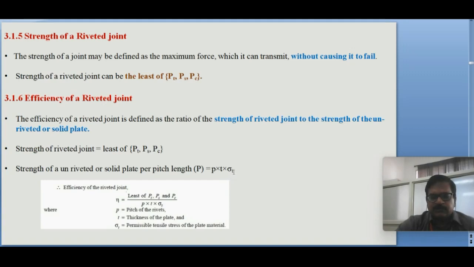So the allowable tensile stress multiplied by the thickness multiplied by the pitch length, or for smaller things we may take the width. That gives the denominator, that is the strength of the unriveted plate. So with this numerator and denominator, we will find out the efficiency of the riveted joint.